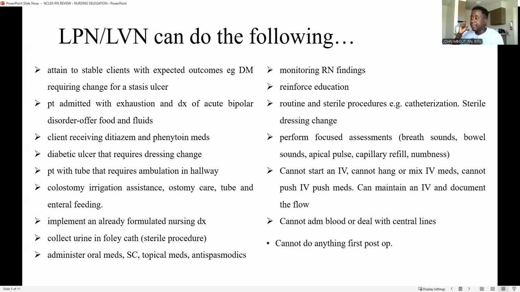They cannot administer blood or deal with anything central line. They cannot do anything first post-op. Please, it looks like much here because, like I said before, it's a compilation from different past test questions. You will see these words and sentences as you practice questions on delegation.